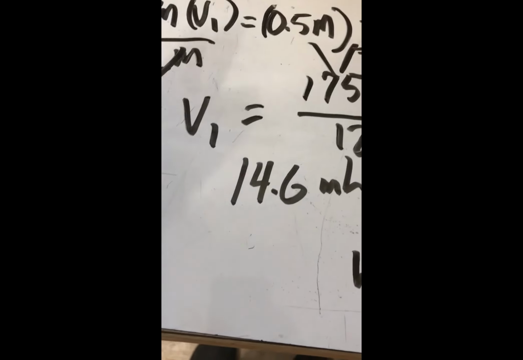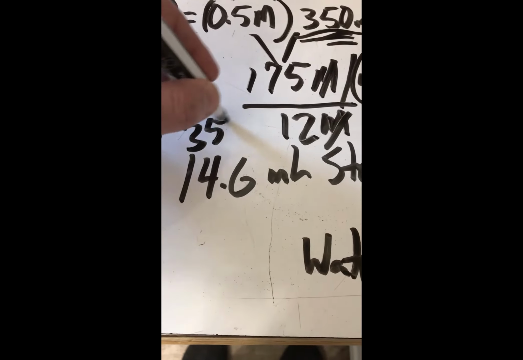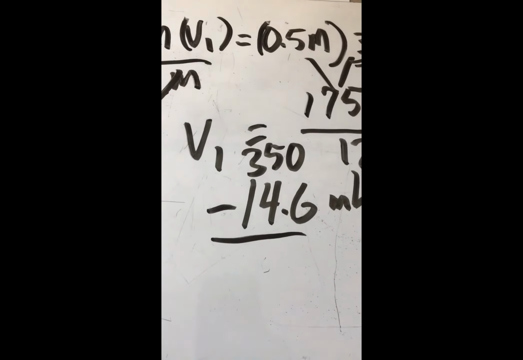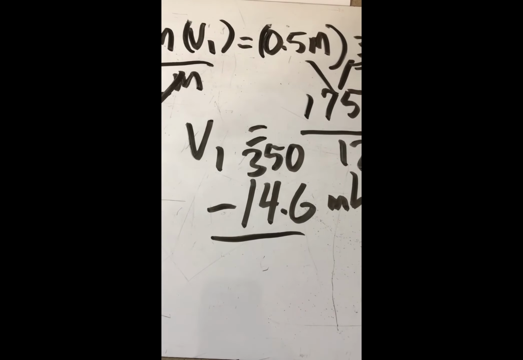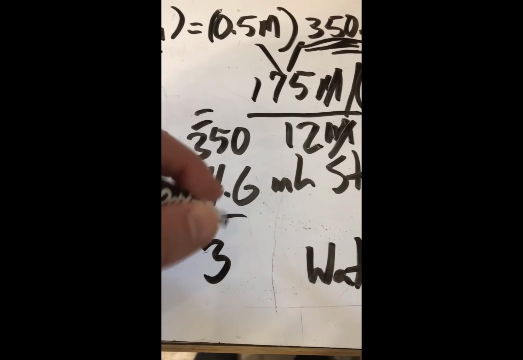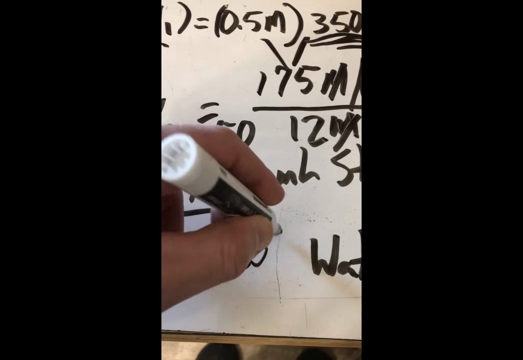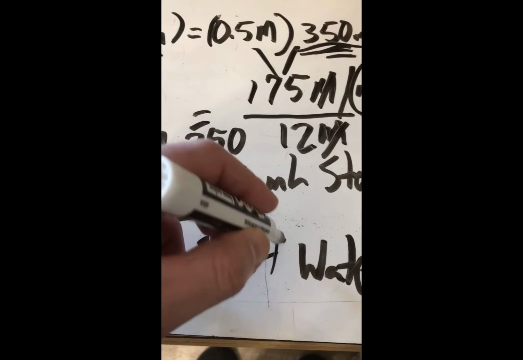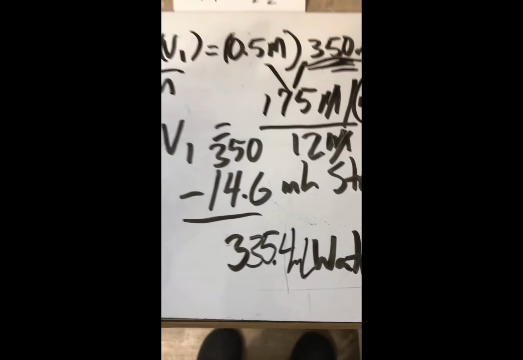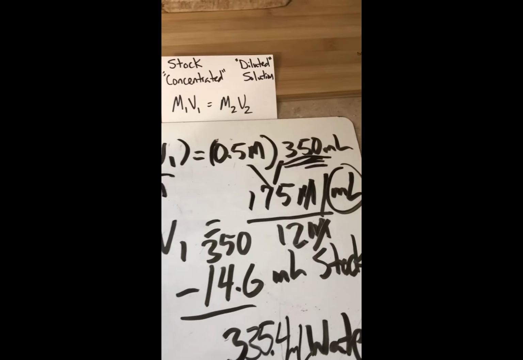I need to take 350 and subtract 14.6, and we're going to have 335.4 milliliters of water that I'm going to need to mix. So I'll mix that up real quick.